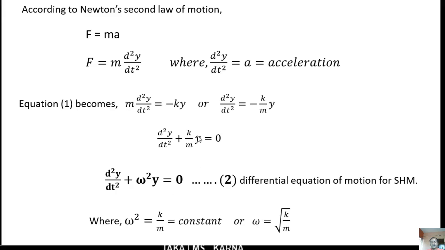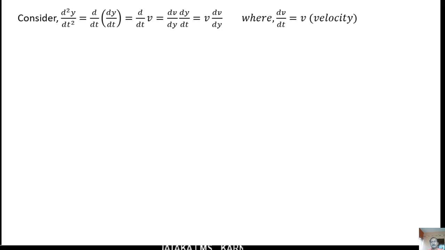Here, already told that k by m means omega square, that is constant, or omega is equal to square root of k by m, that is the angular frequency. Now consider d square y by dt square, which is the differential of dy by dt with respect to t.